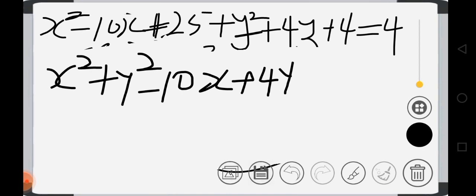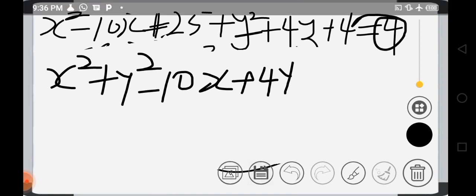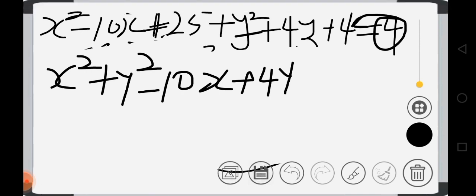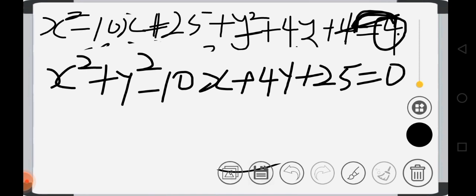Now let's check the 4. If this comes to this side, it will become minus, so let's say plus 25. Then if you move this 4 down to this side, it will be 4 minus 4, that will be 0. Then it's equal to 0. So this will be the equation of this particular circle.